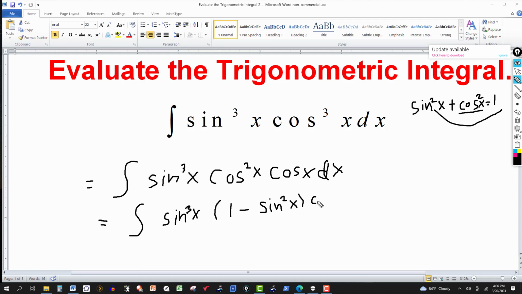And I'll have the cosine here. Then I'm going to multiply through by sine cube.